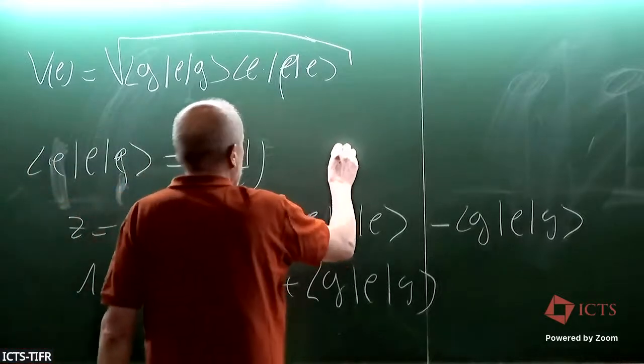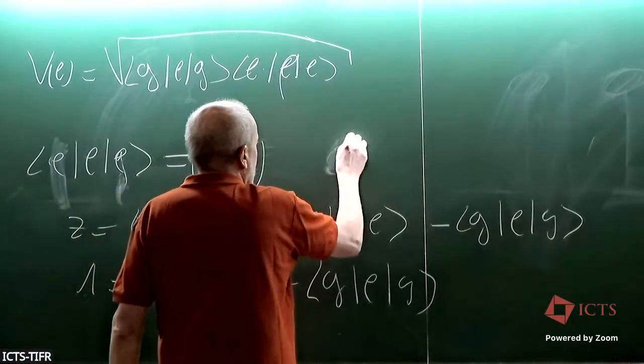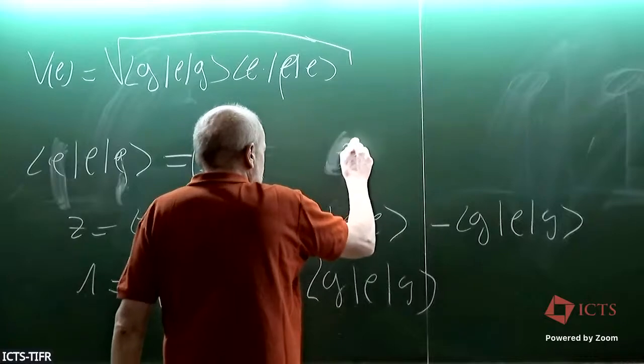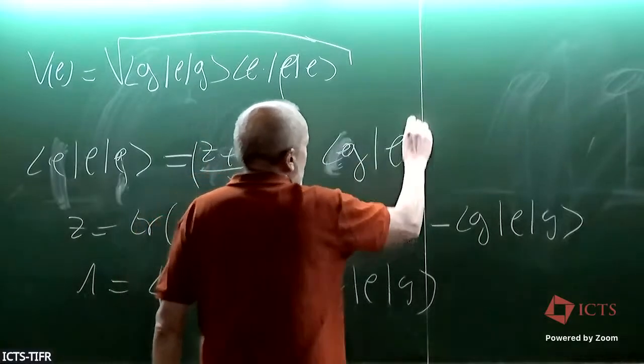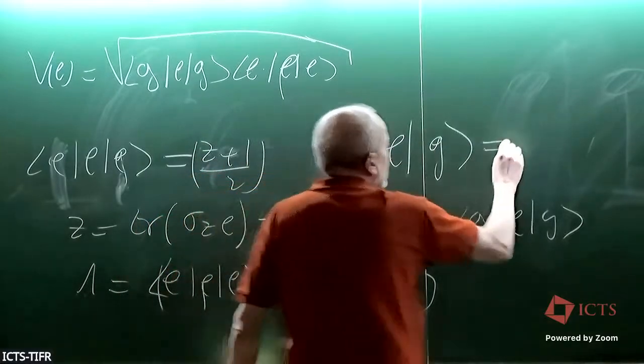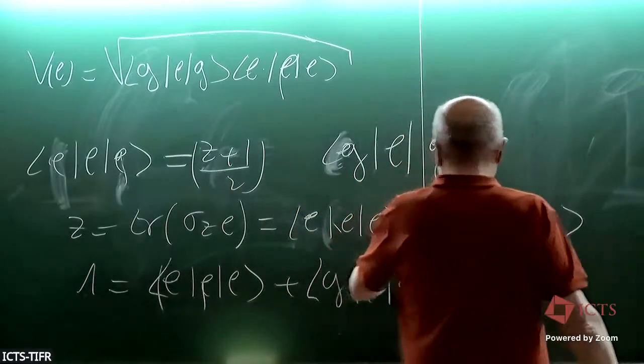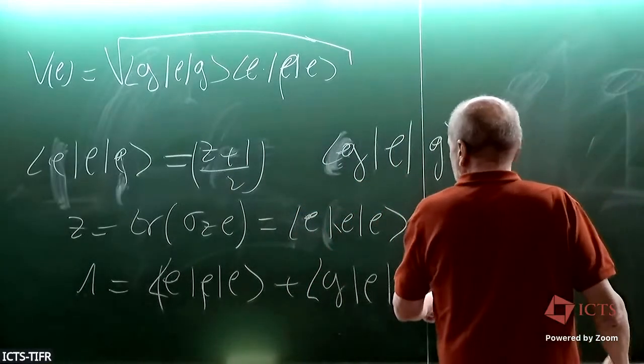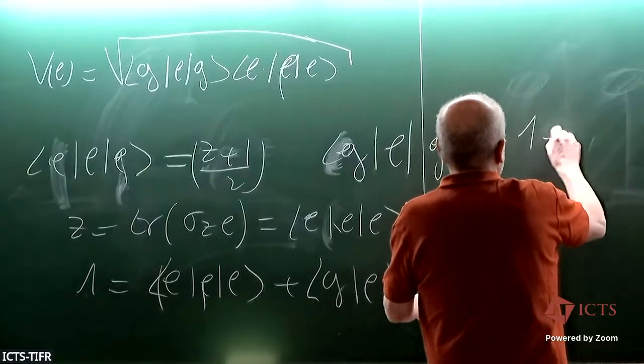And the other one, it is E rho E minus G rho G, so it is 1 minus Z over 2.